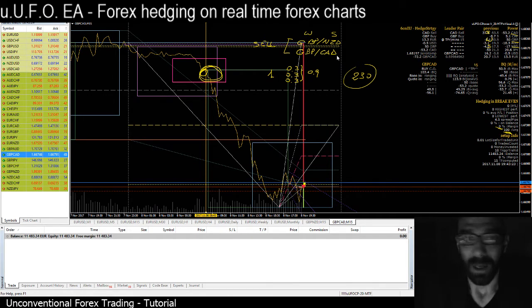These were the two currencies to buy, and GBP was the currency to sell.